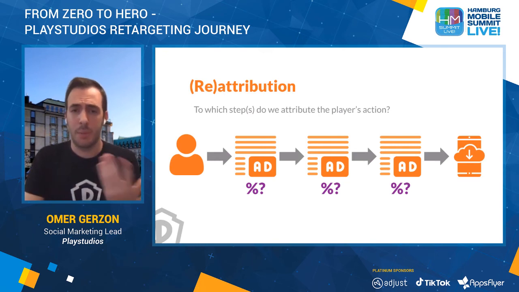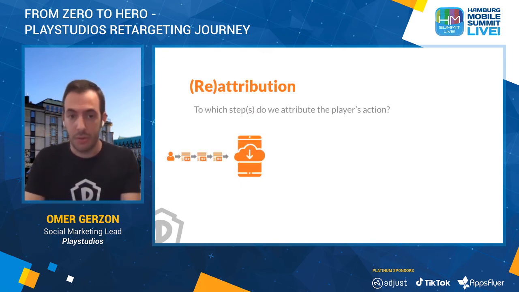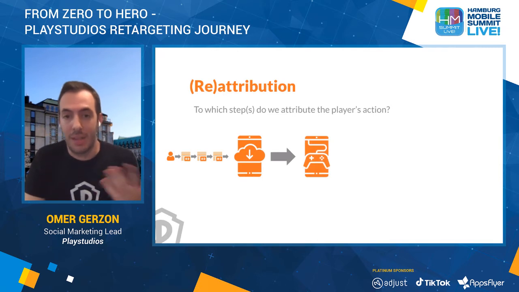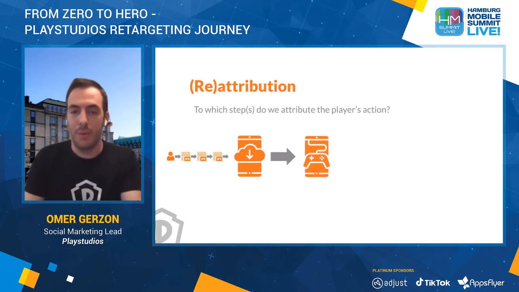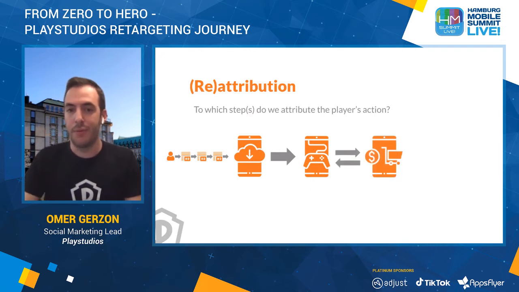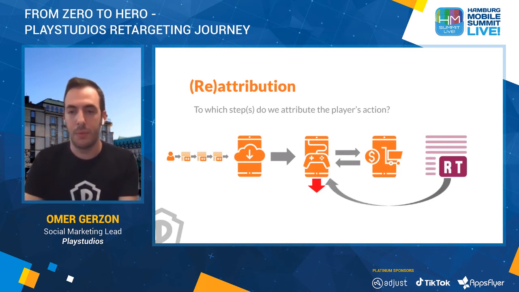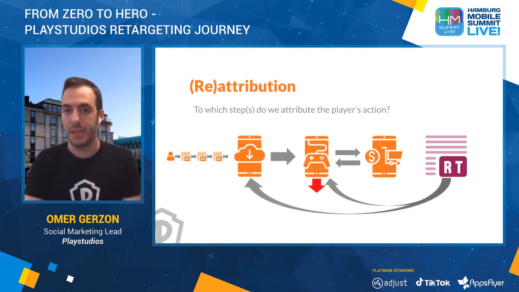And it becomes more complex when we're talking about reattribution and retargeting, because things are happening after the install. Like a player starts to play, then, as we said, will leave eventually at some point. It might be monetizing in a game before it leaves. And at that point, we will serve him a retargeting ad to return him to play in the game, or if he uninstalled the game, to reinstall the game.